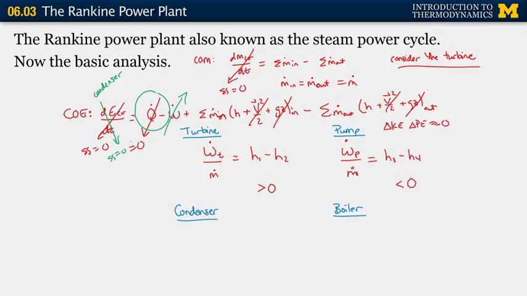So instead of having an adiabatic turbine, what we have is no work or no power transfer associated with the condenser. So this is equal to 0. So we'll put no shafts, electrical work, etc. Again, we'll neglect the changes in kinetic and potential energy.